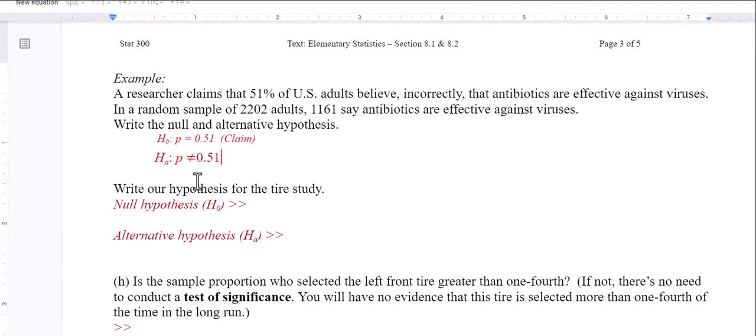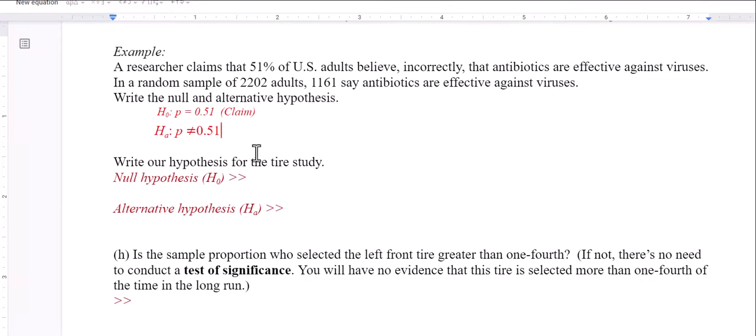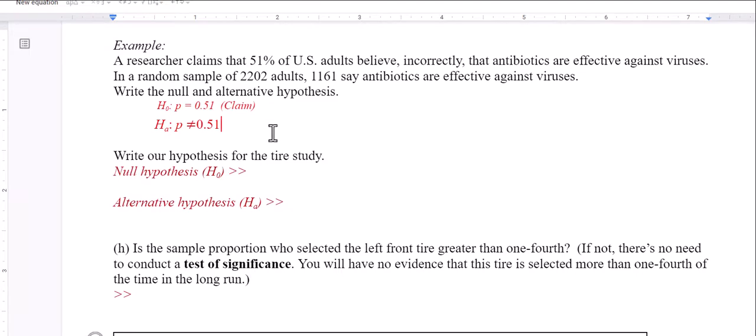And this will be the direct complement. The reason I will know whether to say greater than or less than is in the wording. It will say more than or fewer than, things like that. So there'll be something in the wording that will prompt you to use a less than or a greater than for the alternative. So whether that's the claim or not, you'll be able to tell based on the wording.